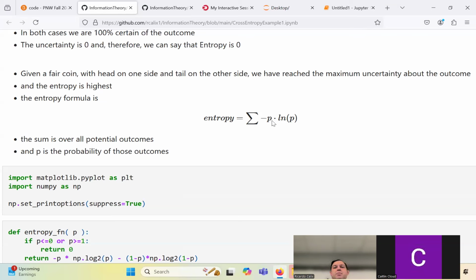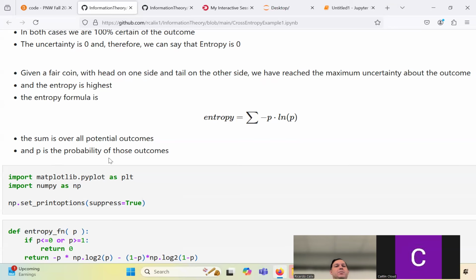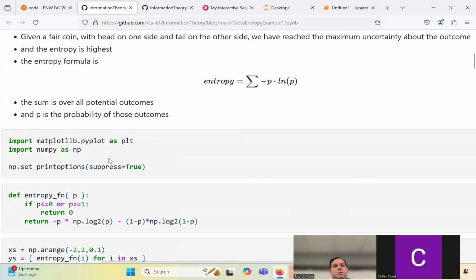So it's going to be the sum of minus 0.50 times the binary logarithm of 0.50, plus minus 0.50 times the logarithm of 0.50. And that's entropy. The sum is over all potential outcomes, but in this case we're just considering the binary outcome, okay? And P is the probability of those outcomes.